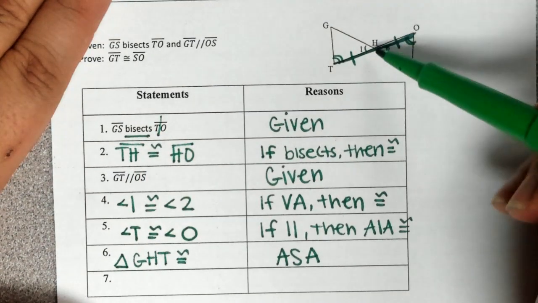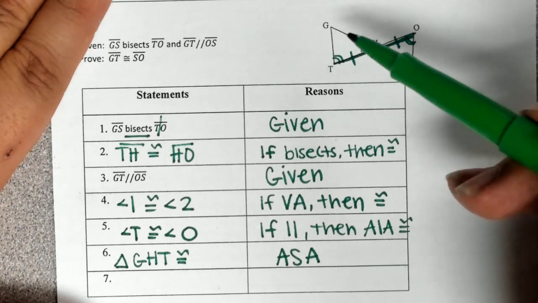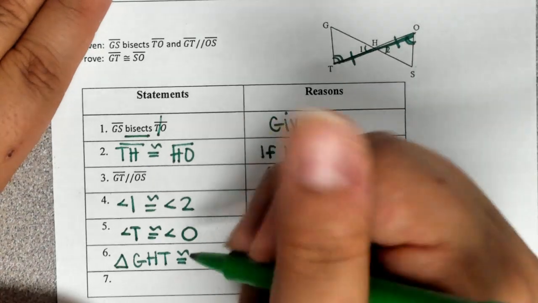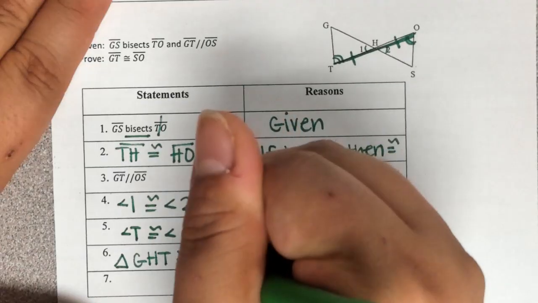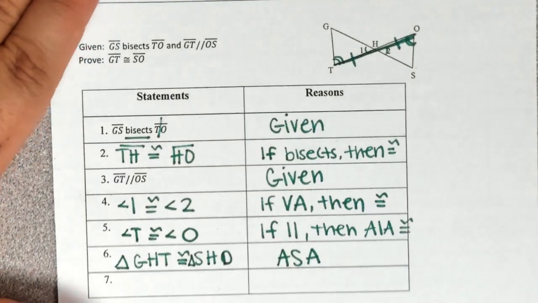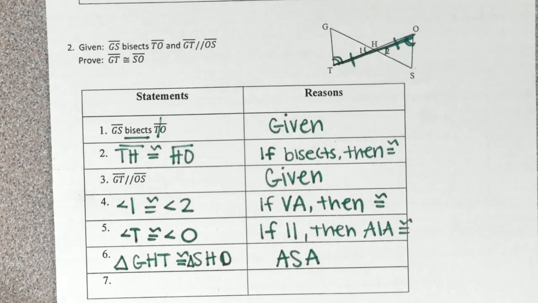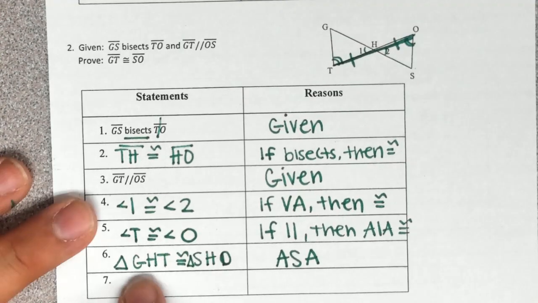What goes with GHT? G goes with S, H is with H. Oh, I forgot my triangle. And O goes with T. GHT goes with SHO. That order matters.